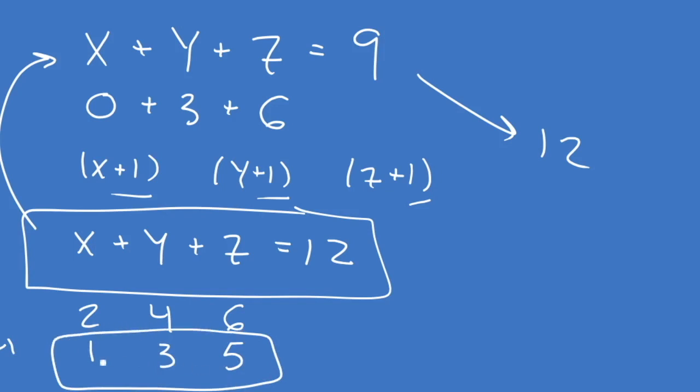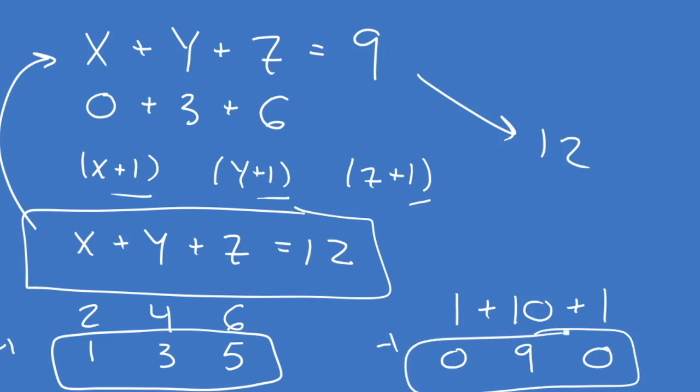And check it out. 5, 3, and 1 adds up to 9. If this problem suggests the answers are 1 and 10 and 1, which adds up to 12, I know the real problem answer is 0, 9, 0. Check it out. Adds up to 9. So I take my original problem, I reimagine it by doing the plus 1s, I do the problem I know how to do, and then I can reason backwards to the correct answer.